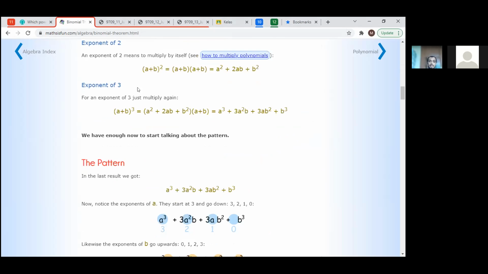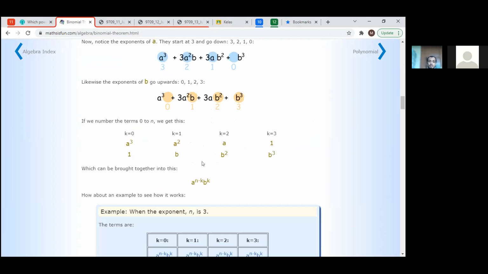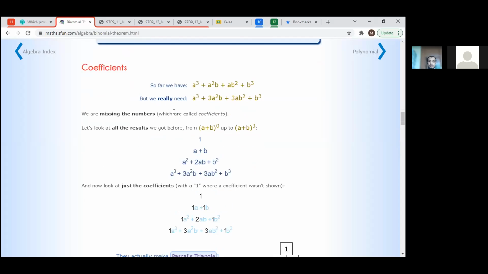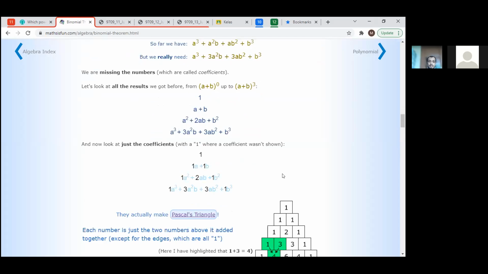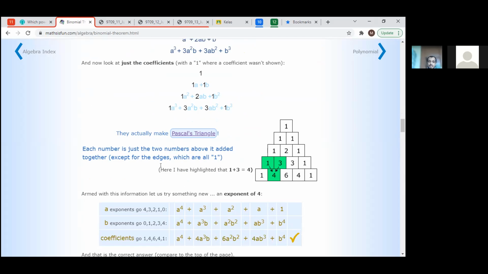This is basically the same as before. If we have power of 3, then we look at the pattern and so on. Okay, so this is Pascal's triangle.